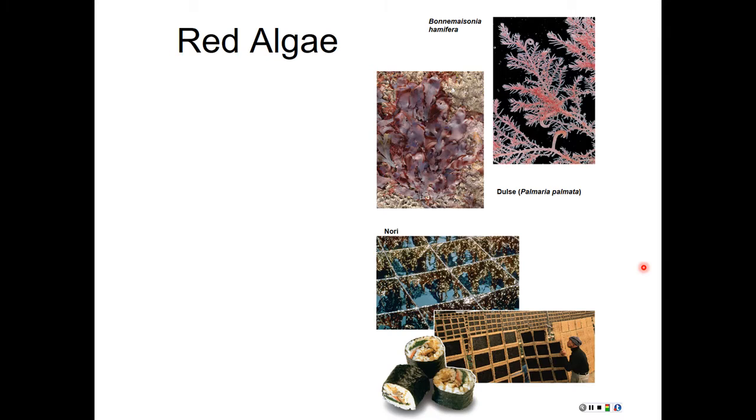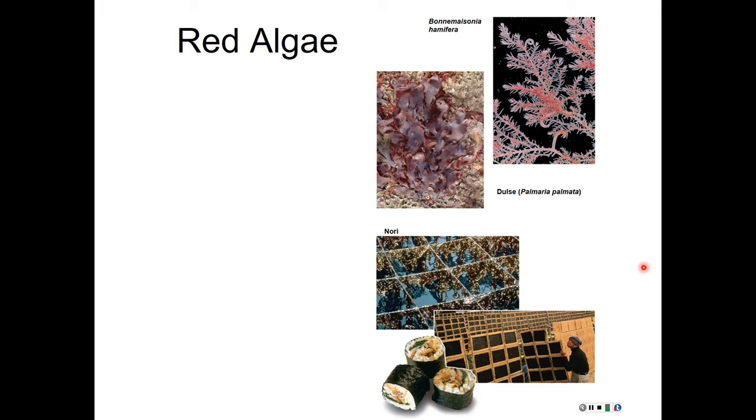Okay, so red algae gets its red color from a photosynthetic pigment called phycoerythrin. And this masks the green color of chlorophyll, because the red algae also have chlorophyll.